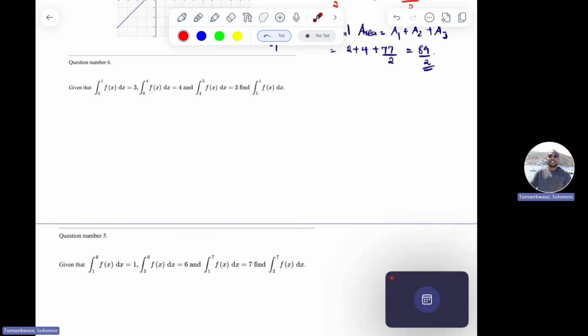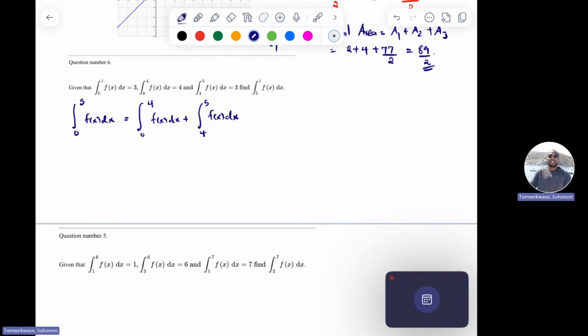Okay, so according to the integrals I'm given, I can find integral from 0 to 5 of f of x dx, and integral from 0 to 5, I can say it is the same as integral from 0 to 4, then plus integral from 4 to 5.